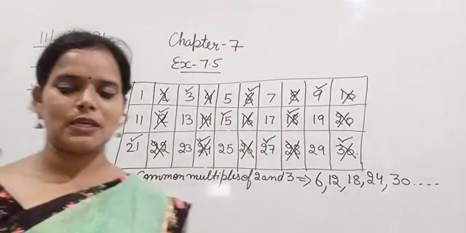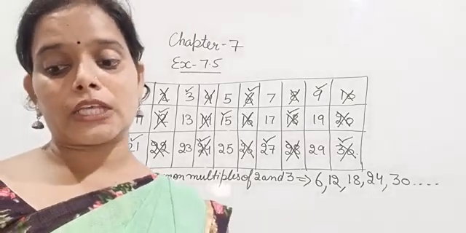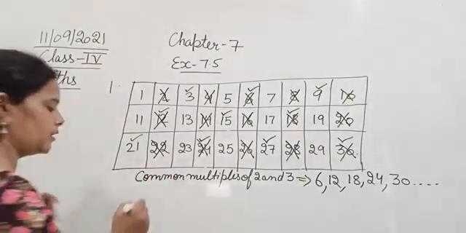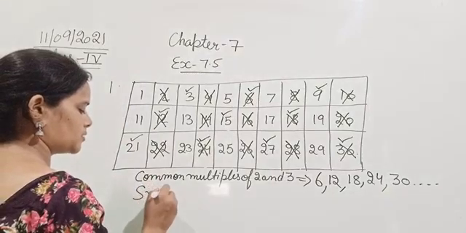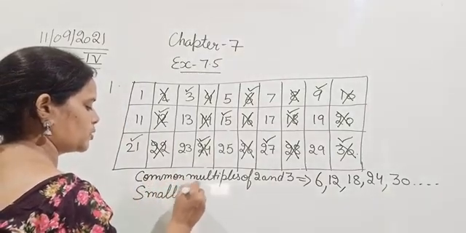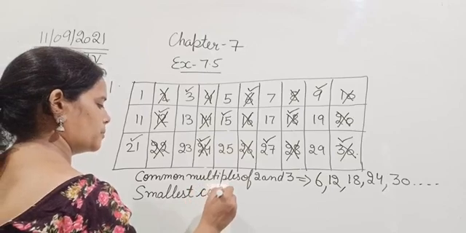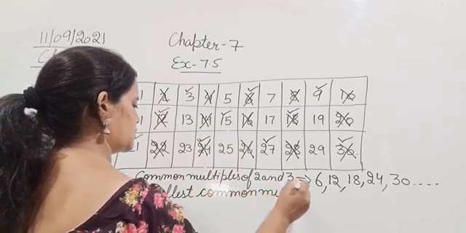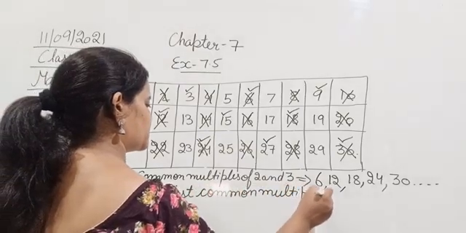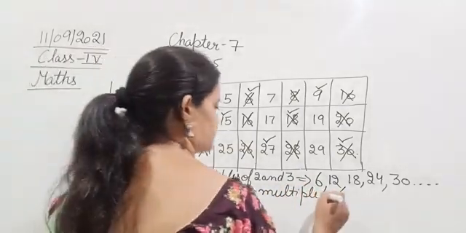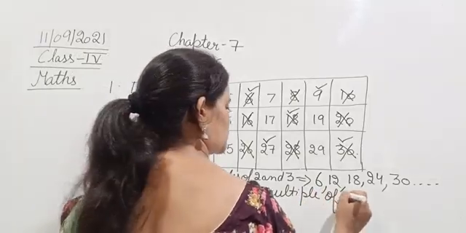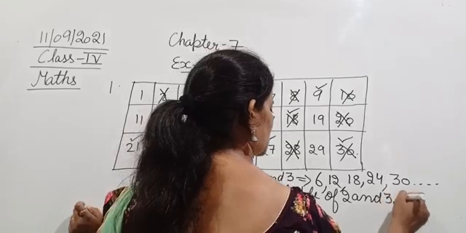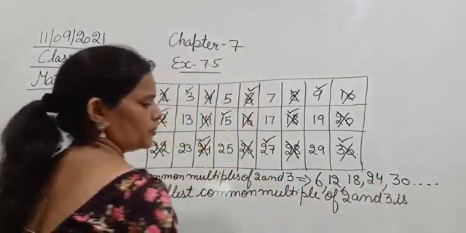Now in the question it is being told that we have to find the smallest common multiple. Smallest or the least common multiple, same thing. Smallest common multiple of 2 and 3 is, which is the smallest common multiple?